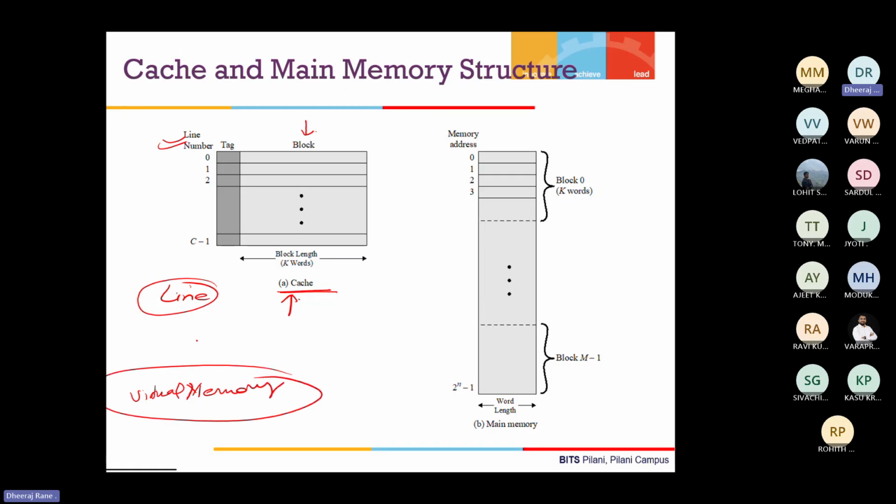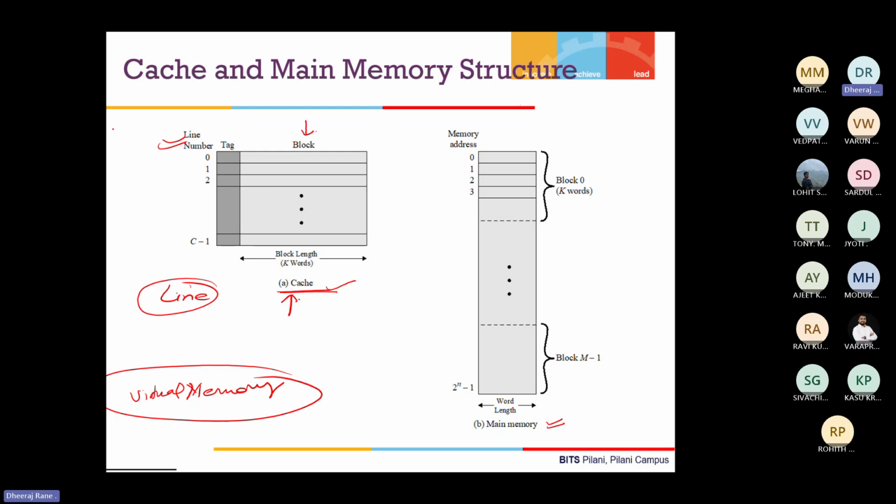Corresponding to virtual memory in an operating system, this is our RAM and this is our HDD. This is just the analogy I am giving. But here in terms of cache, this is our cache, this is our main memory.